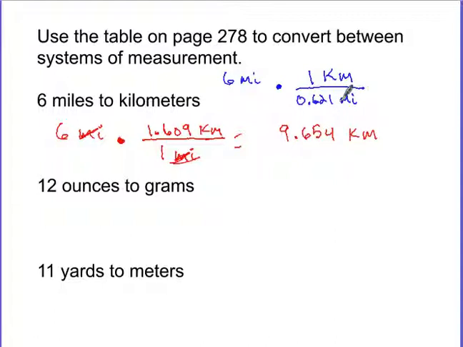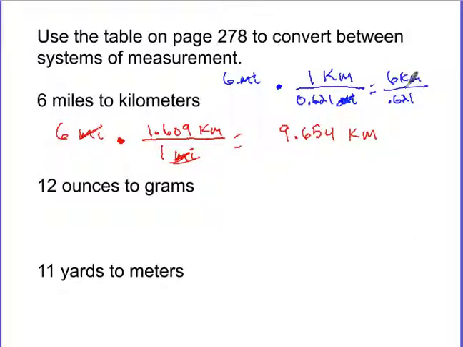Well, let's see what happens. The miles cancel out, and now I have 6 times 1 over 0.621. So this would be 6 kilometers over just the conversion factor of 0.621.